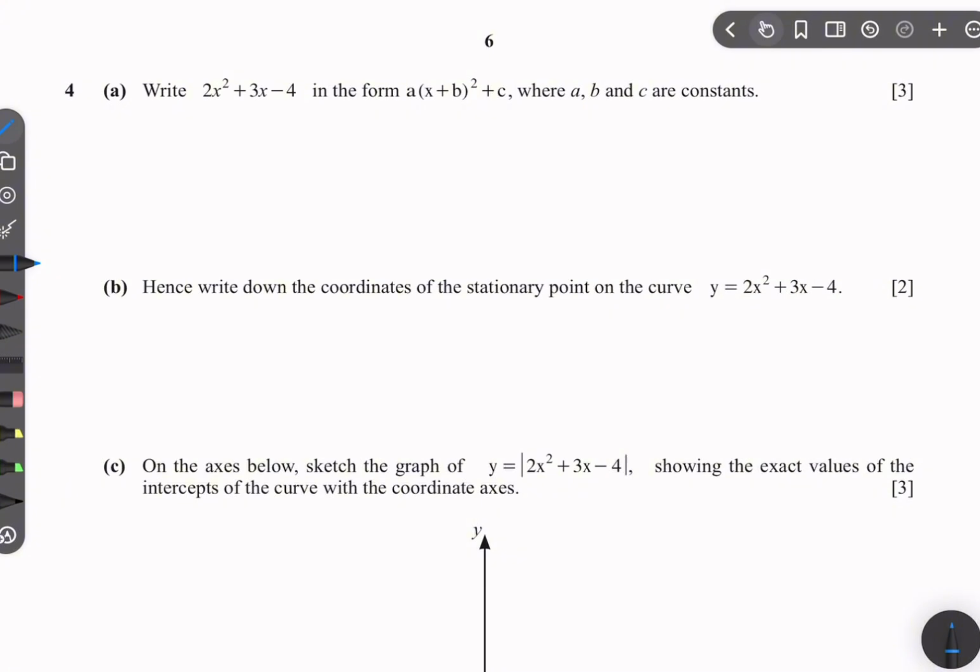Question 4. Write 2x squared plus 3x minus 4 in this form, where a, b, and c are constants. Okay, so we need to complete the square. But before we do that, we need to factorize 2 out, because we can't have any coefficient in front of x squared.